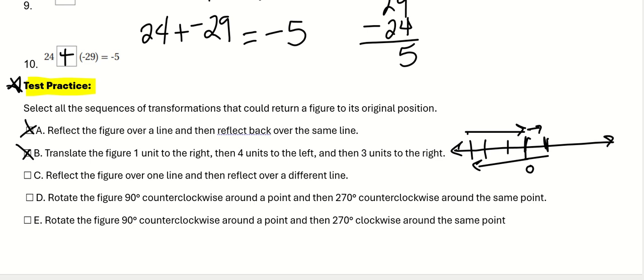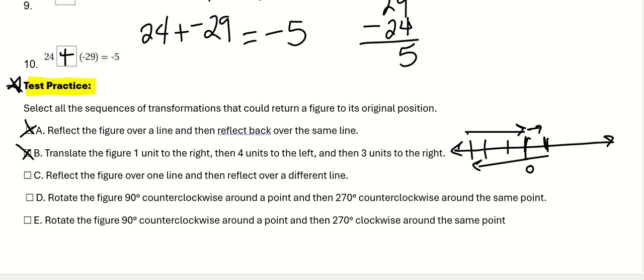Reflect over one line and then reflect over a different line. So if we said the first one worked, we could definitely just say this one doesn't work because it's a different situation. But also, if I reflect over one line, let's say from left to right, and it's 2 away, but then I want to reflect up and down, that's a different line.